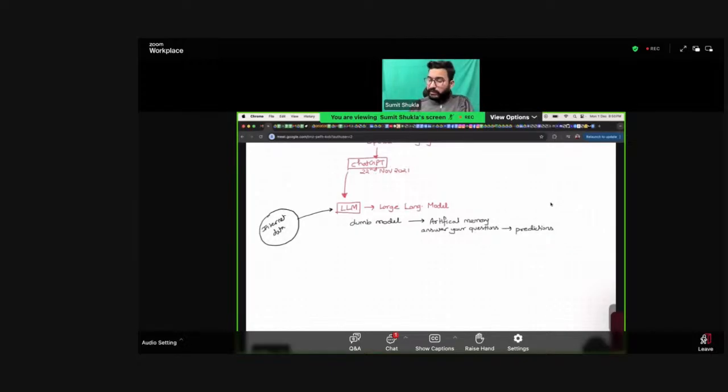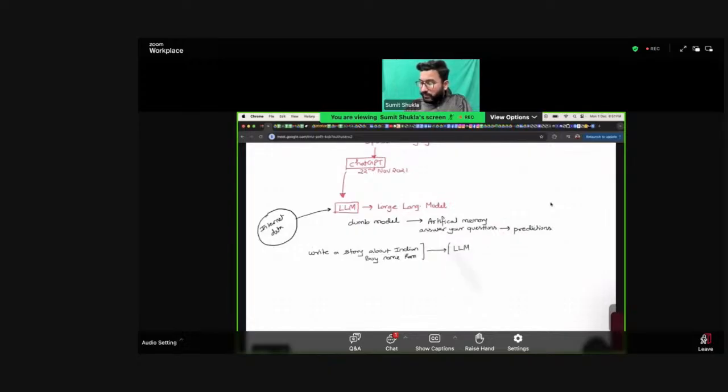Basically, if you ask ChatGPT to write a story about an Indian boy named Ram. So when you provide this prompt to your LLM, initially what these LLMs were doing, they were predicting the next keyword.